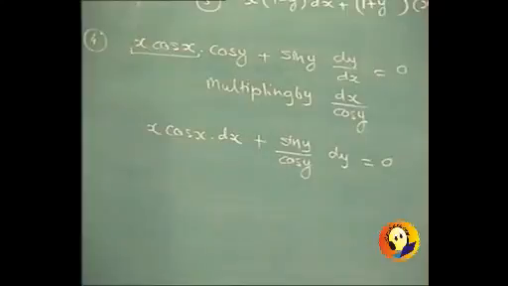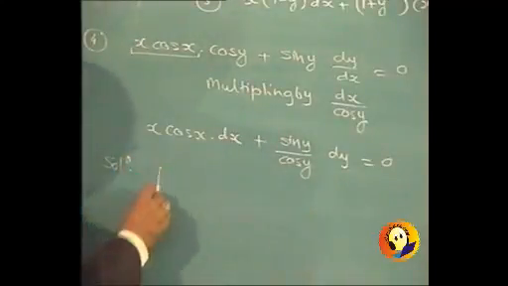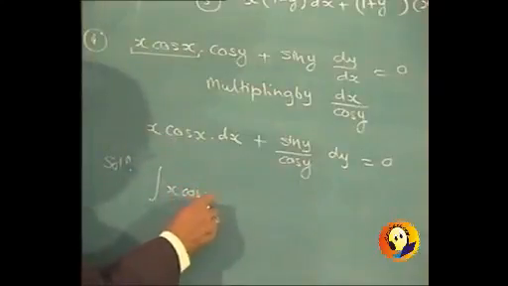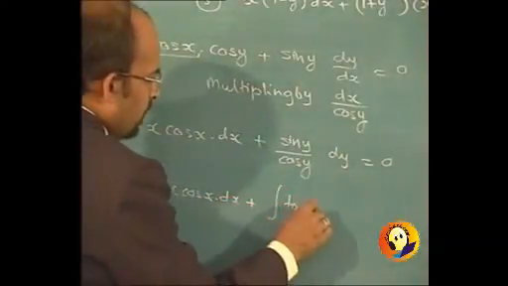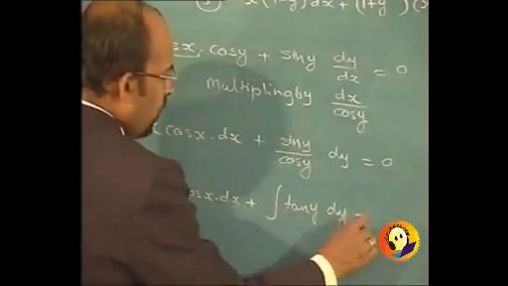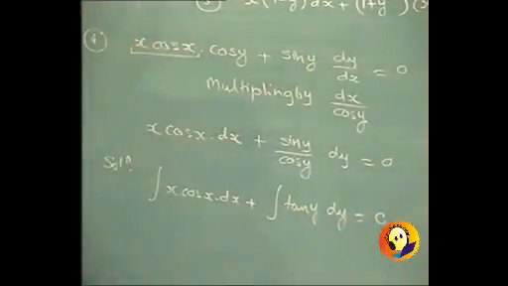which was our stated form, that is f1 dx plus f2 dy equal to 0. The solution obviously will be integral x cos x dx plus integral tan y dy equal to constant of integration c.